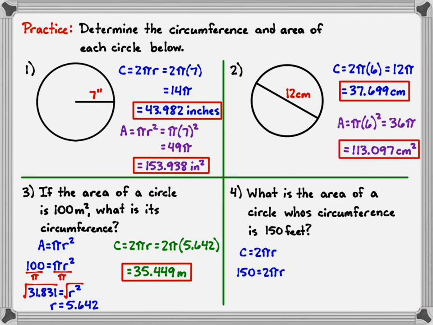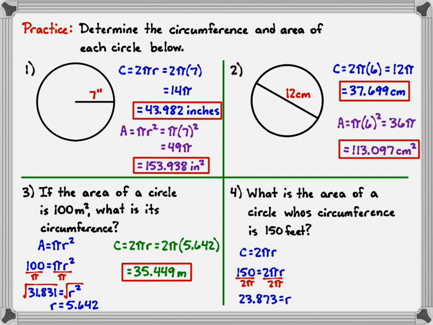Well, how do I get r by itself? I get r by itself by dividing by 2 pi. Now, careful when you type this into your calculator. If you type it in incorrectly, or if you have like an old calculator, if you type in 150 divided by just 2 pi, you might get a wrong answer here. So it might be good to do this in pieces. How about you divide 150 by 2 and then divide it by pi?